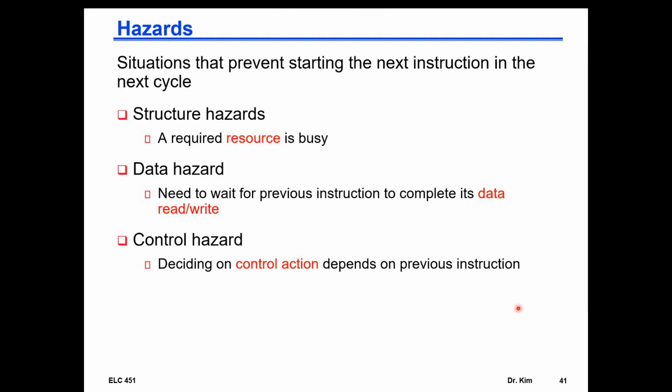Now, we don't want to wait, because if you wait, then the performance of the pipeline implementation degrades to the single cycle performance. That's not good. We put a lot of effort into crafting the stages, and as you'll see, putting in the pipeline registers and all that.